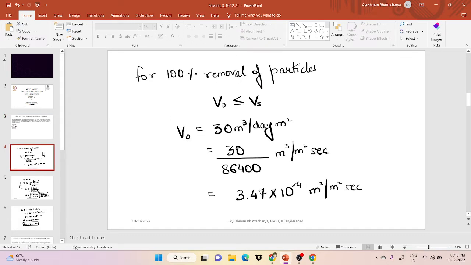So we know for 100% removal of particle, our overflow rate should be less than or equal to settling velocity. In the question, they have mentioned overflow rate as 30 meter cube per day per meter square. So we have calculated this in terms of meter cube per meter square second. Okay, so now we know the overflow velocity. So this is overflow velocity.